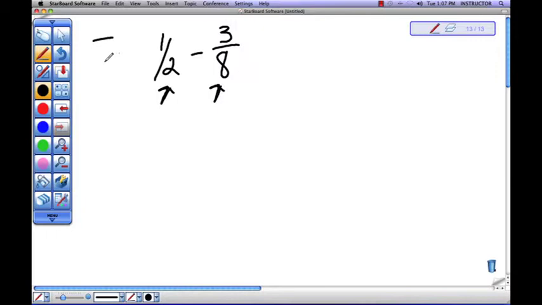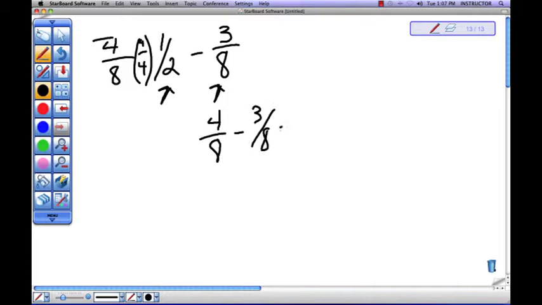So let's just change 2. So we ask ourselves, what did I do to 2 to change it into 8? Well, I multiplied by 4. So I have to do the same thing to the top number, and we make that 4. So we rewrite our equation, which is 4/8 minus 3/8 gives us 1/8.